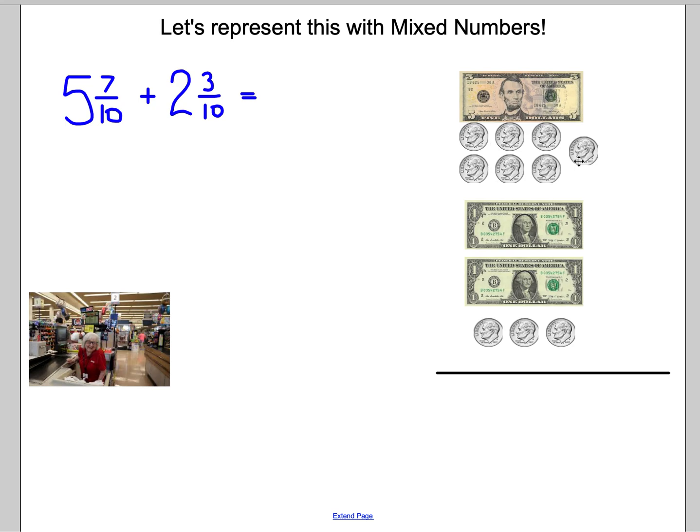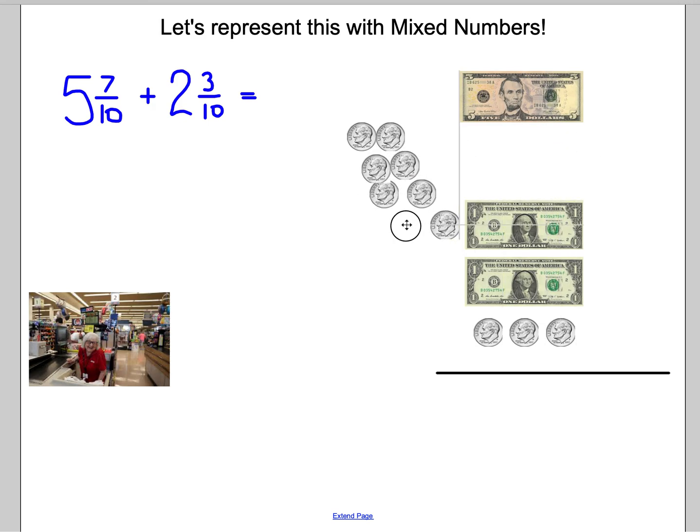Here we have 7 dimes or 7/10. So we'll put them over here, and we're going to add that to the 3 below, the 3/10. Since we can add dimes to other dimes, the denominators are the same.